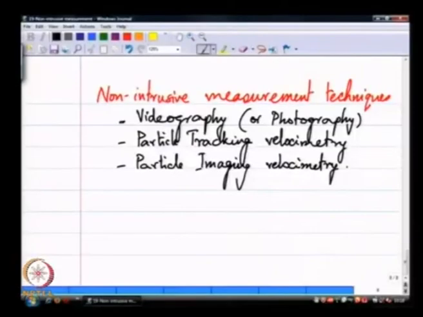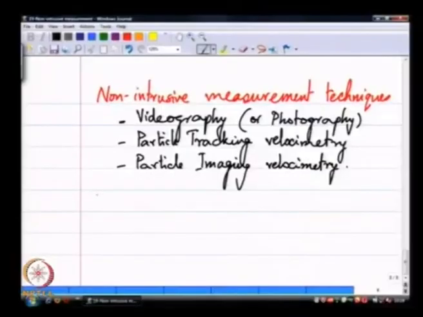But for the specific case of a spray, we are also interested in size. So, there are algorithms that have been developed to ride upon particle imaging velocimetry algorithms to give us both size and velocity information.